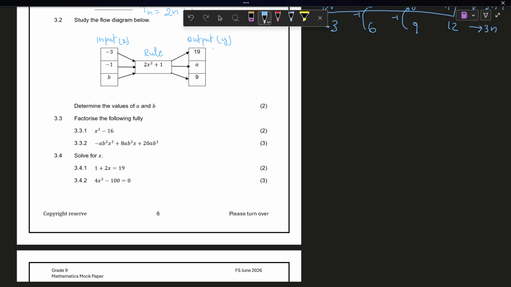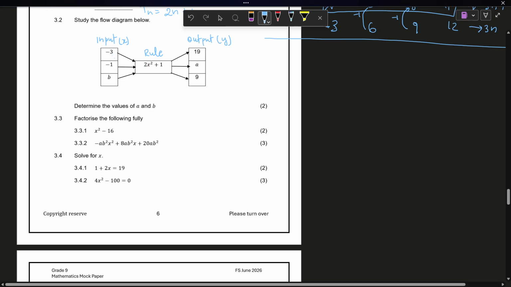So how do we rewrite that? So let me just draw a line to move to this question. Basically, the input represents the x. I can just write the rule. So the first row, I write the rule, but everywhere I see x on the rule, I'm going to replace it with the input I see here, because the input, that's the x value.